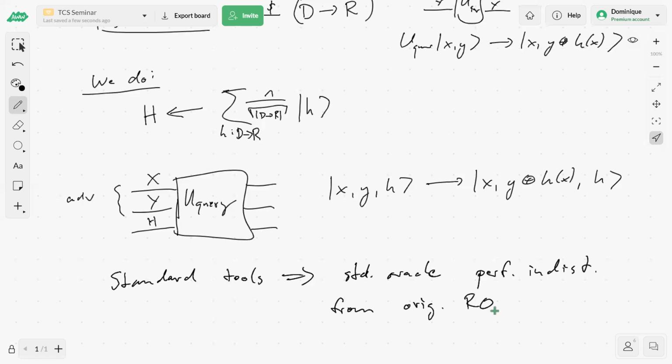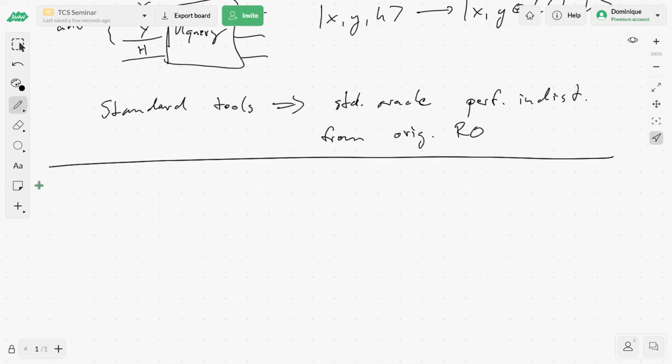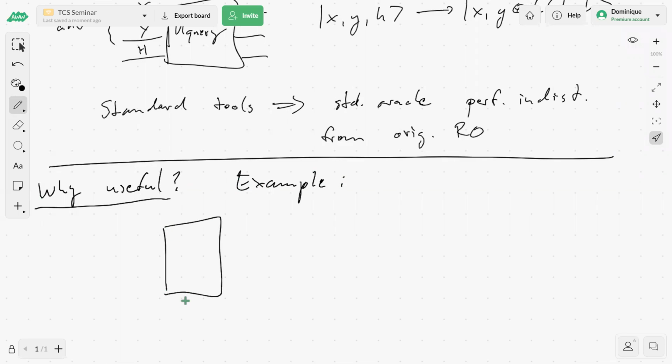Okay, so why is this useful? Well, take the following example. Let's say we call uQuery, and let's say the register H still has this uniform superposition of all oracles h.